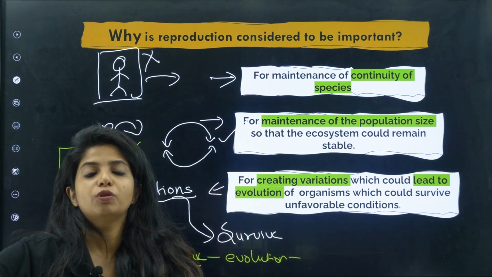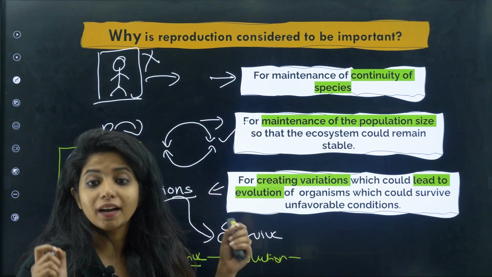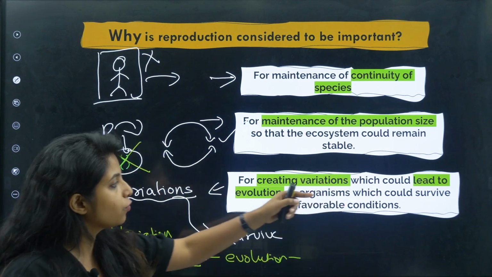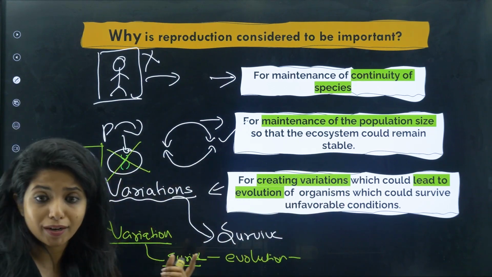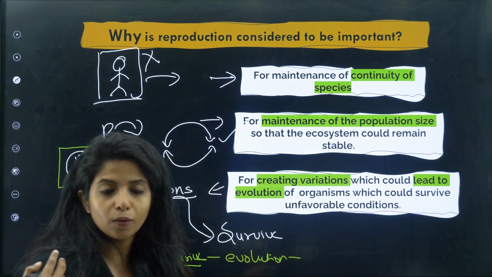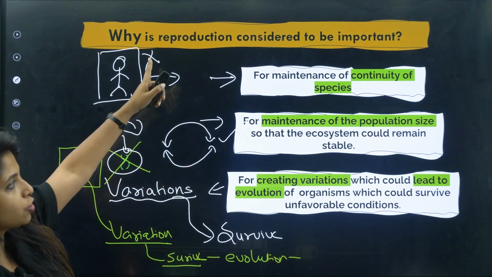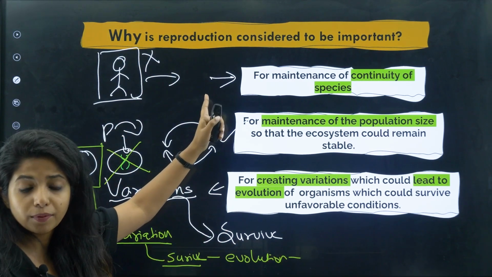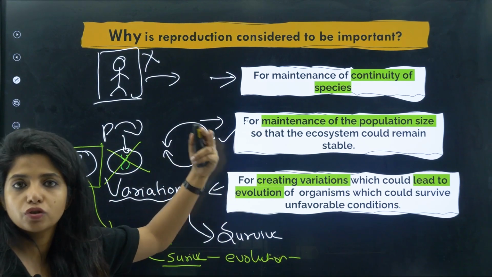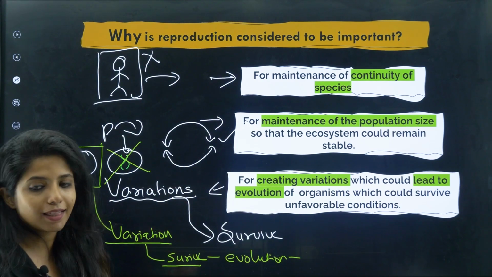Now their lineage would be working. So the ones that have good variations would be able to survive during unfavorable conditions such as hot climate, and now they will quickly continue their lineage. So that is why reproduction is important. If reproduction is not happening, you are not passing down the variations to other organisms. Just understand that.